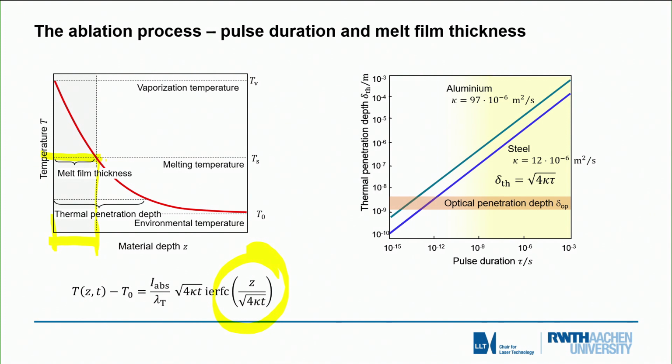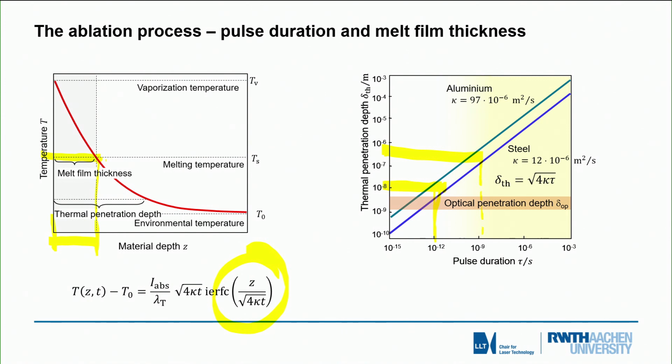Here you see the thermal penetration depths as a function of the pulse duration, and you can see for two different thermal conductivities, kappa, for aluminium and steel, that basically if we work with pulse lengths in the area of picoseconds, we get thermal melt film thicknesses in the range of nanometers to tens of nanometers, and if we work with nanoseconds, we will get penetration depths, corresponding melt film thicknesses, of the order of sub-micron to micron.